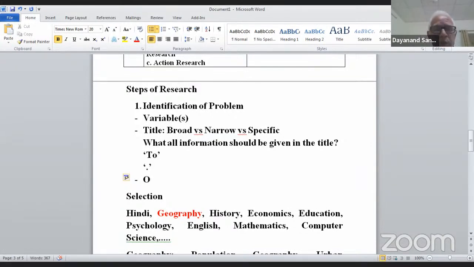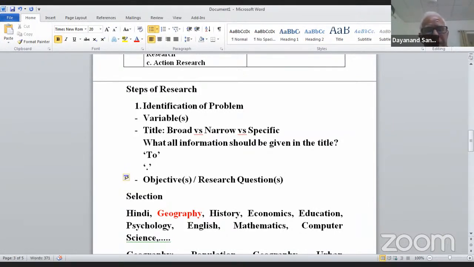Another is you should write objective. Minimum, there should be one objective, and maximum you can have as many objectives as you like. If you are writing a heading like objective, then you should write a simple sentence. But if you are writing research question, then the same simple sentence, you convert it into the question form.